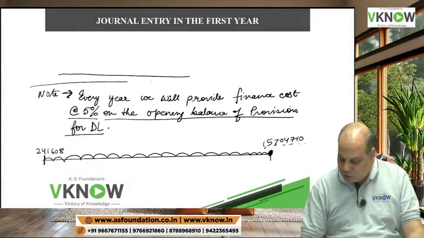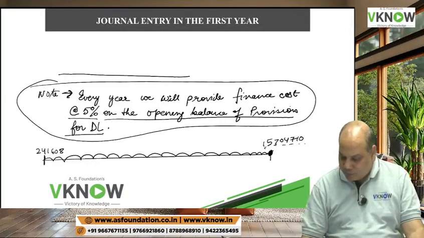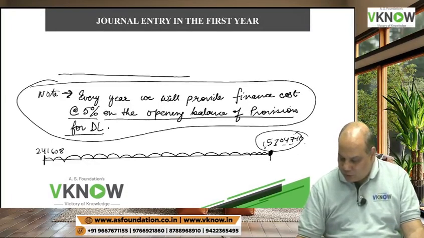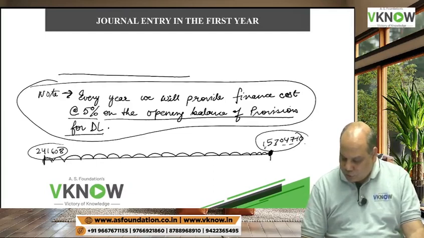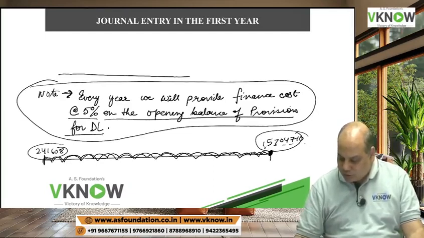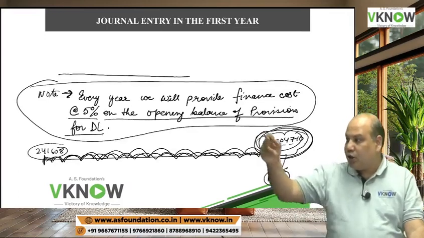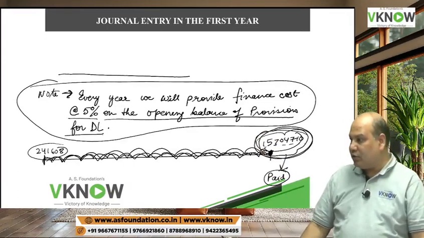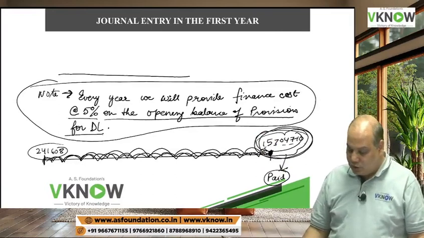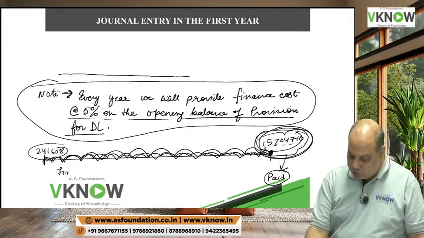This is the meaning of this line. You have calculated present value of this amount. So you have to make sure that after 40 years, the balance in that decommissioning liability account becomes this amount, and this will be paid at the end of 40 years. To reach this value, I need to keep adding 5% every year. That is called finance cost, and finance cost is charged to P&L account.